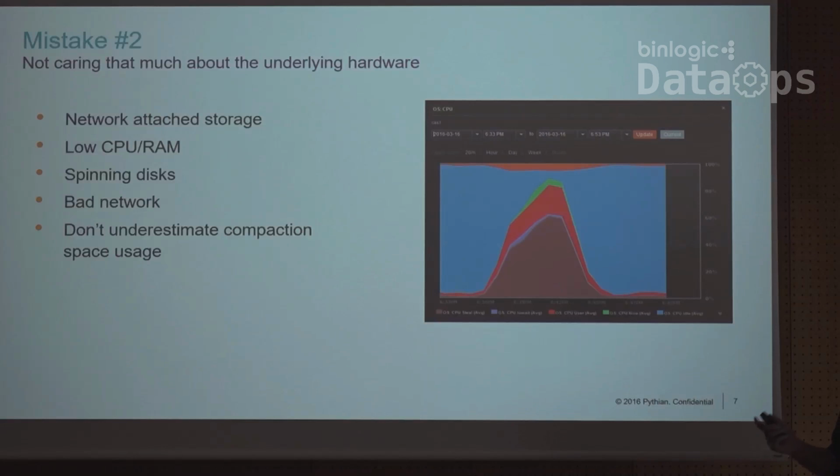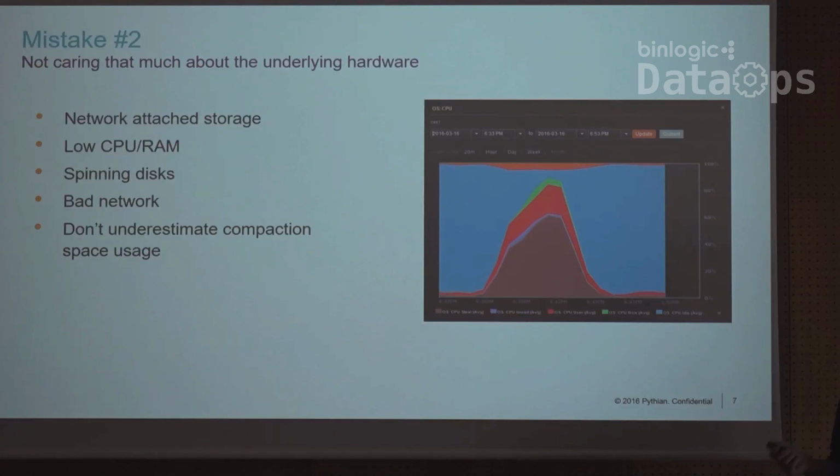Spinning disks. This is a so-and-so. It still works as long as you're not demanding a read-heavy workload. Since Cassandra was made in 2008, one of the optimizations at storage level was for spinning disks.